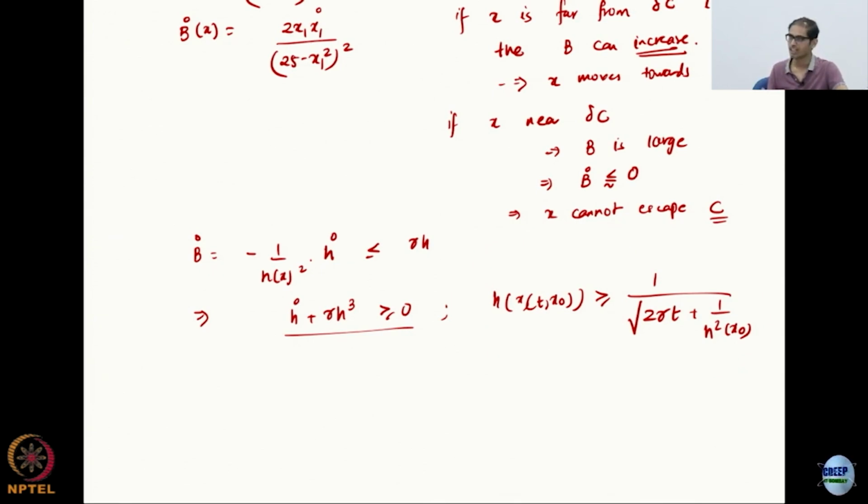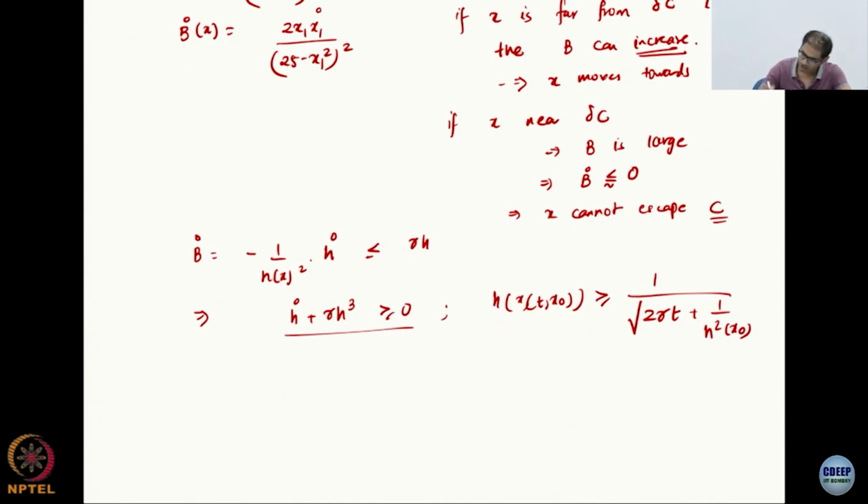Please verify this. I am also not sure, but it's not difficult to see that this is already giving me h greater than or equal to 0. Right hand side is positive, not a negative quantity. You are always getting some positive number on the right hand side, which means you are inside C for all time.